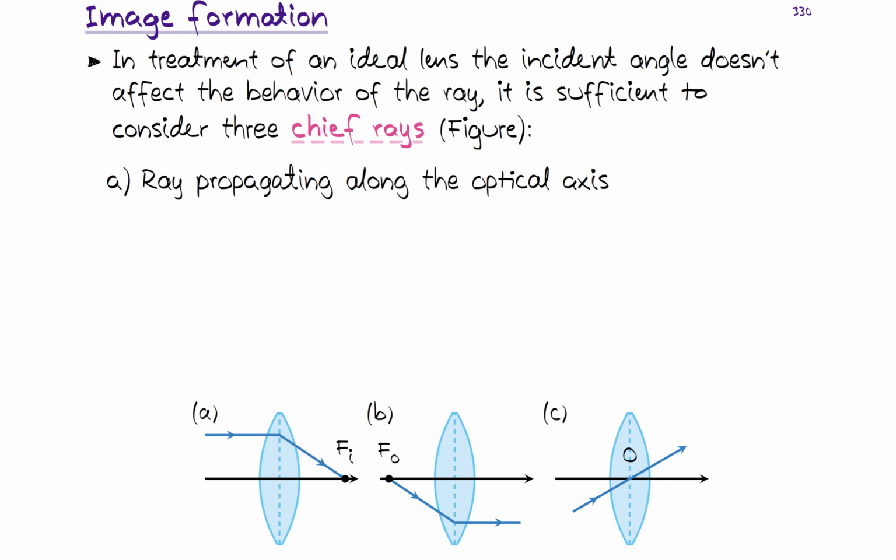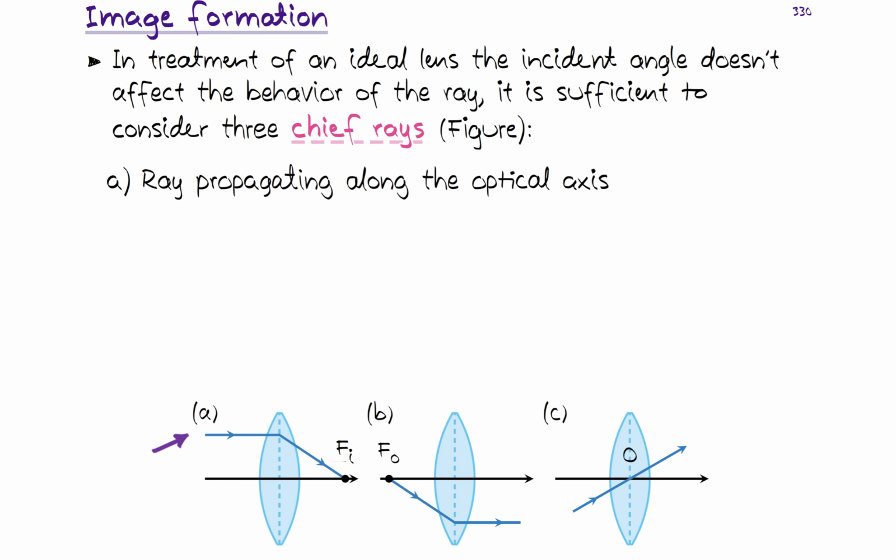So let's look at figure A first. We are considering a ray propagating along the optical axis. So basically our object point would be at infinity. That would be one way of figuring out where the ray actually goes, because that would allow us to calculate where the back focal plane will be. But essentially here we are now considering a ray propagating along the optical axis.